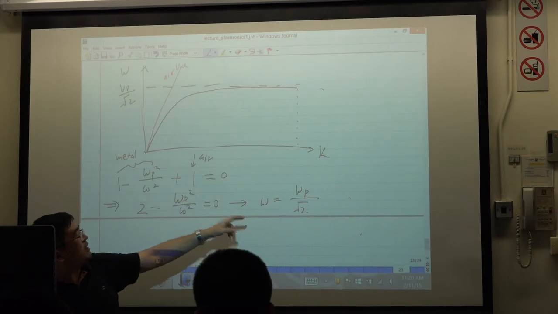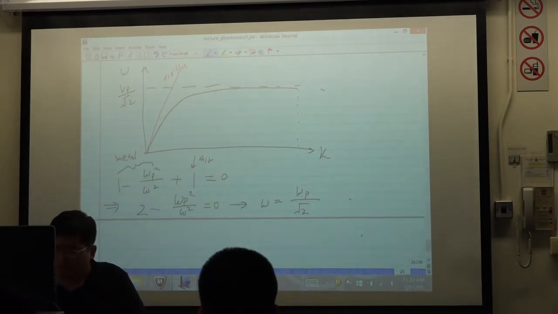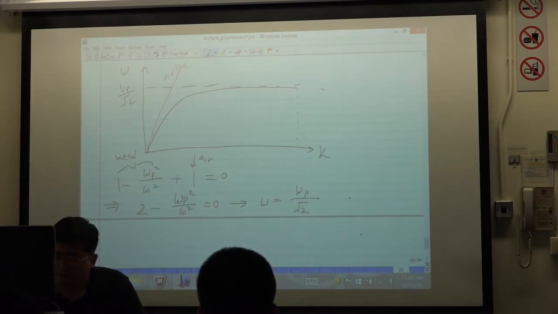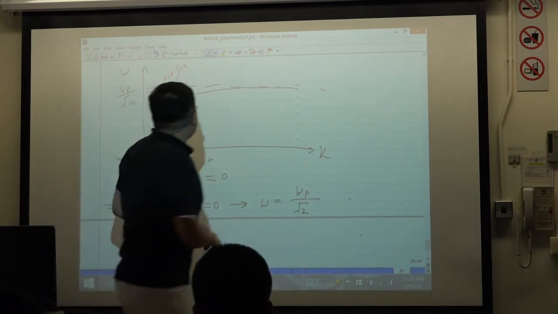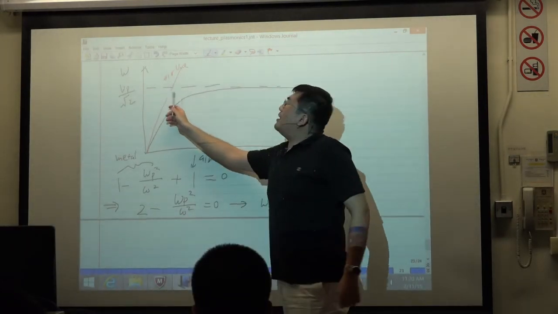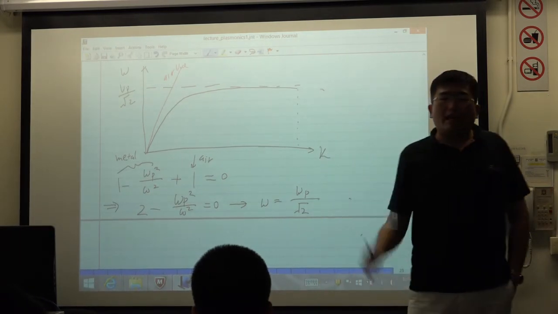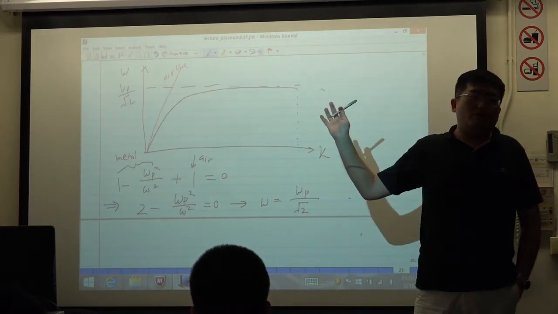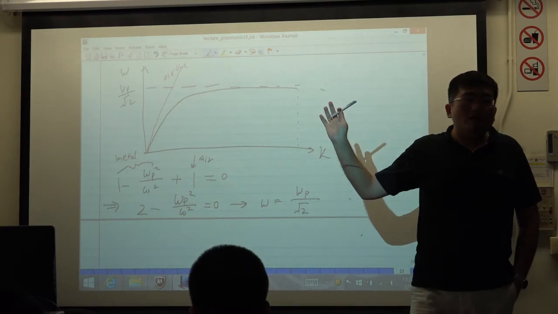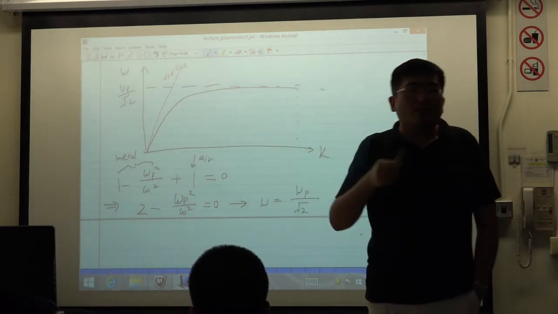I just verify this omega p over square root of 2 for air. So if the dispersion relation is at the right hand side of the light line, what's the feature? Plus 1.